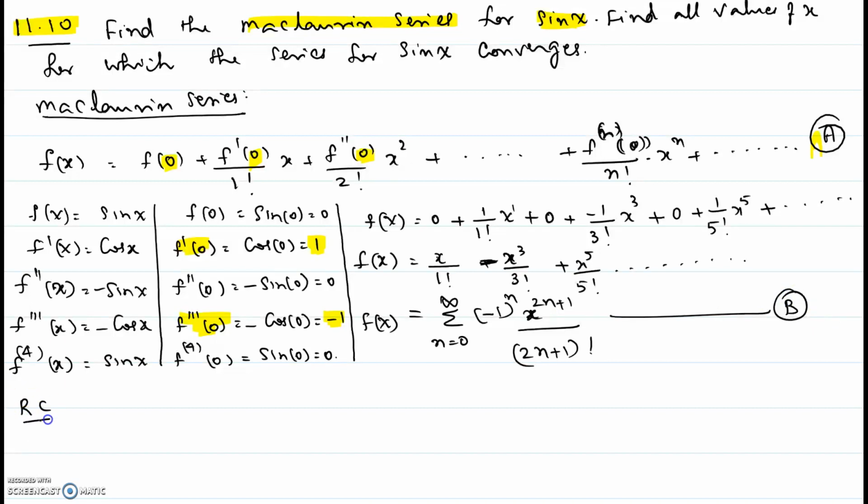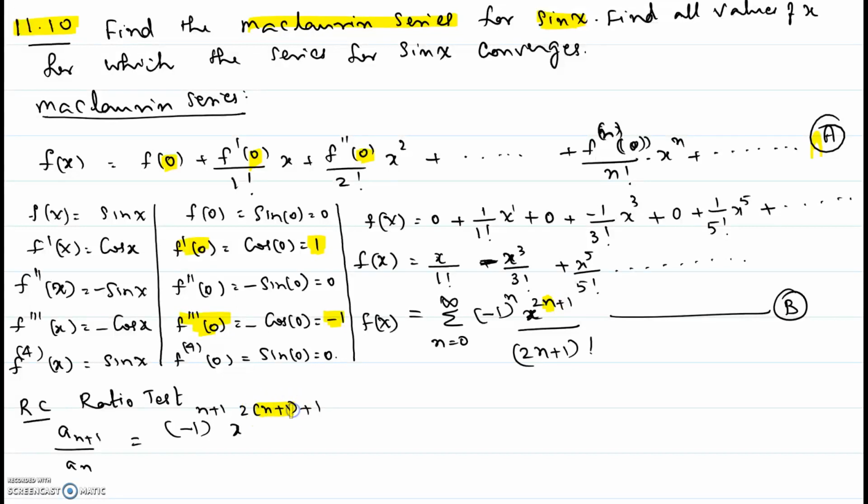So we will find the radius of convergence by taking the ratio test. We find a sub n plus 1 over a sub n and then allow n to approach infinity, which is negative 1 to the power n plus 1 times x to the power 2 times n plus 1 plus 1. Note, n here must be replaced by n plus 1, so you need a parenthesis.